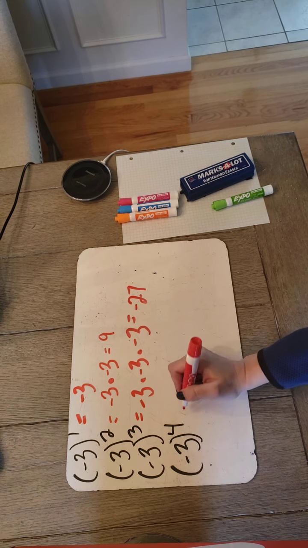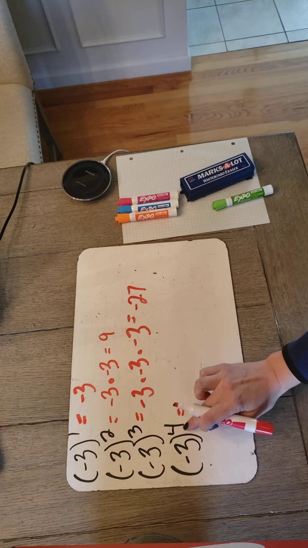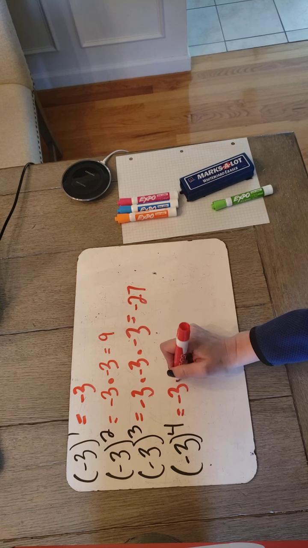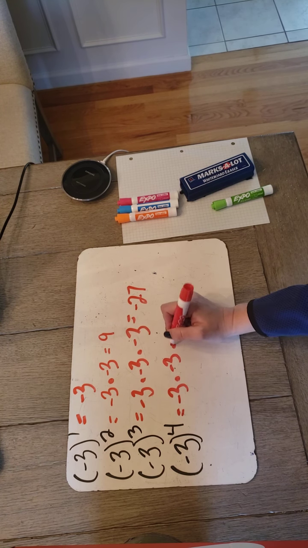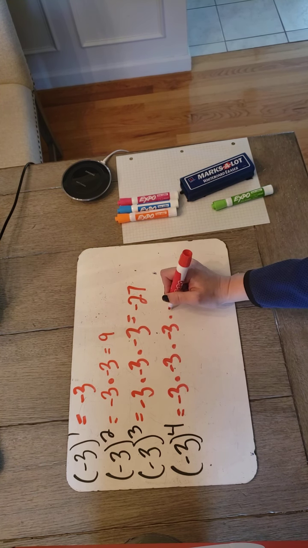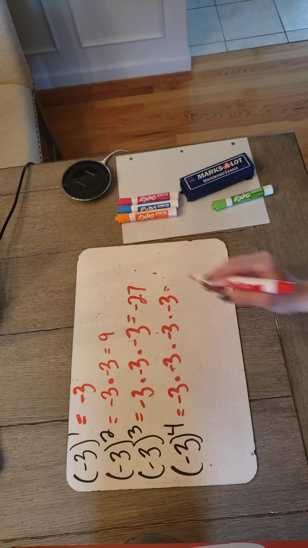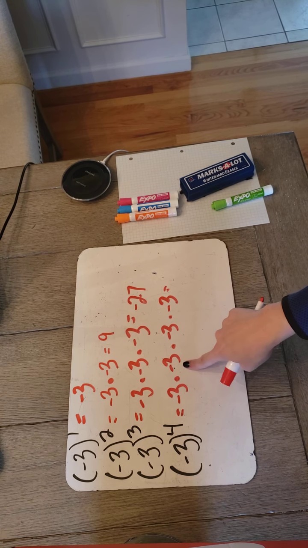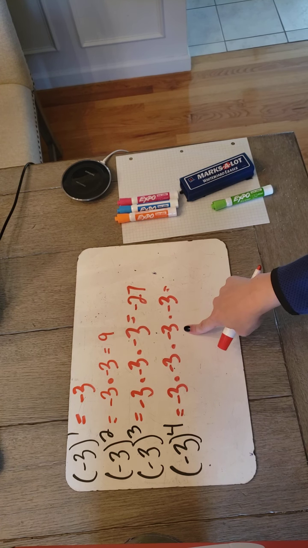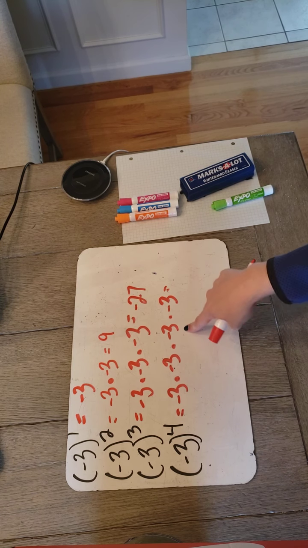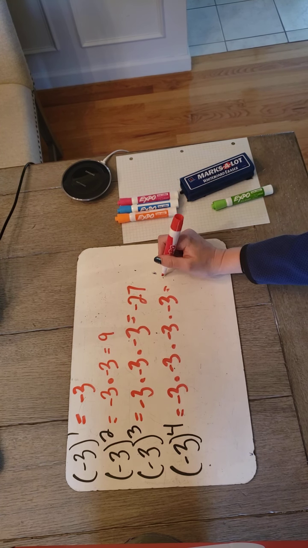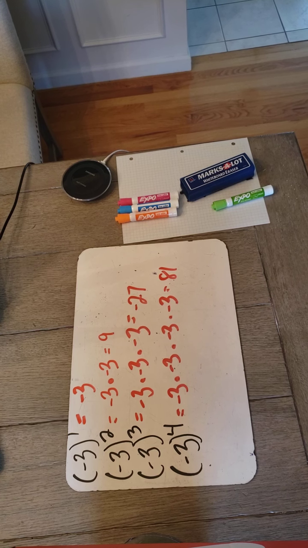And last but not least, negative 3 to the 4th is negative 3 four times. So a negative 3 times a negative 3 is a positive 9. A positive 9 times a negative 3 is a negative 27. And a negative 27 times a negative 3 is a positive 81.